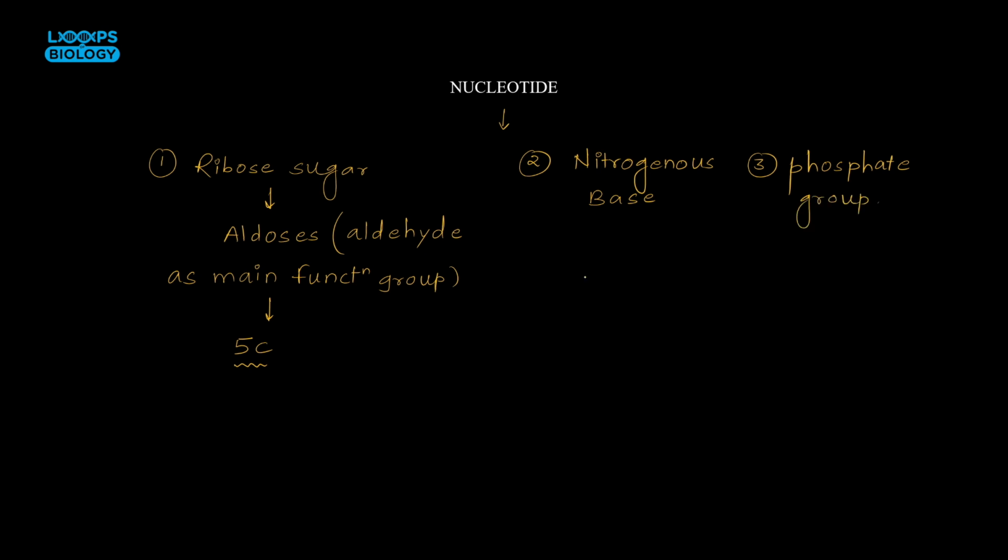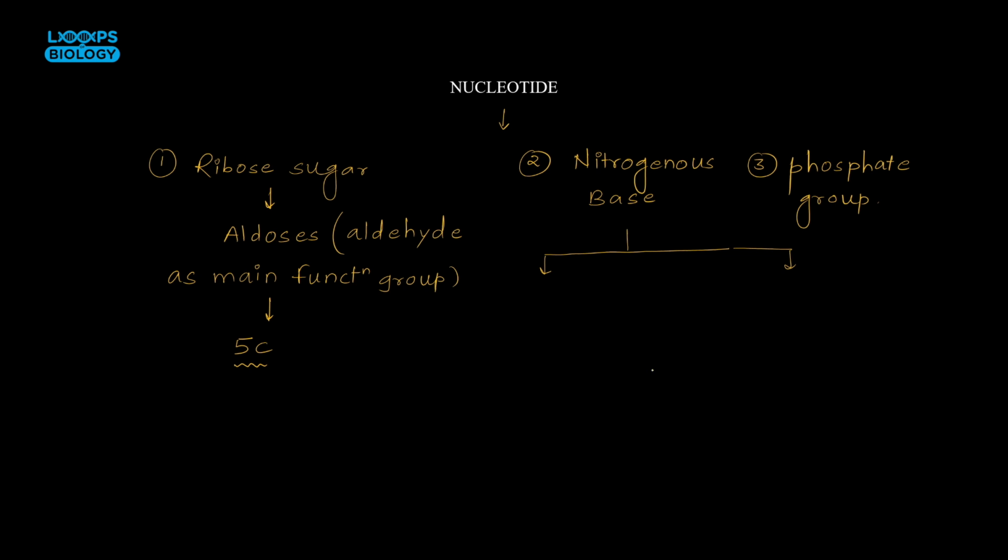However, if we are talking about nitrogenous bases, there are two different categories. This is based on all the nucleotides belonging to DNA as well as RNA, not specifically any separate nucleic acid.